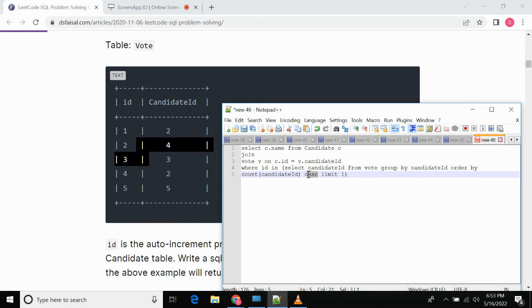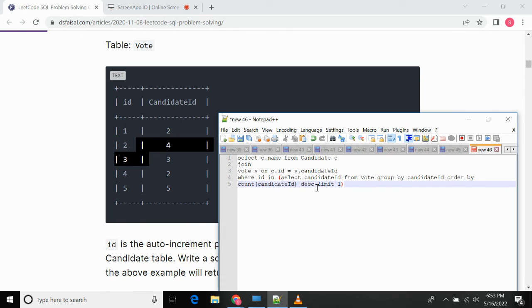When we use descending, we will have the maximum number of occurrences on the top side, right? In my first record, there will be the maximum number of occurrences, and then I'm using a limit 1. So this will only fetch a single record that has the maximum number of occurrences. So here we will get the candidate ID who has got the maximum number of occurrences, and then where ID in, and then we are selecting the name out of it by joining both these tables. Understood, right?